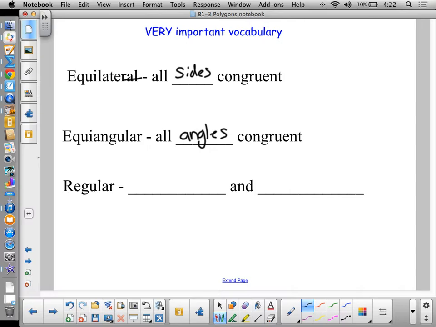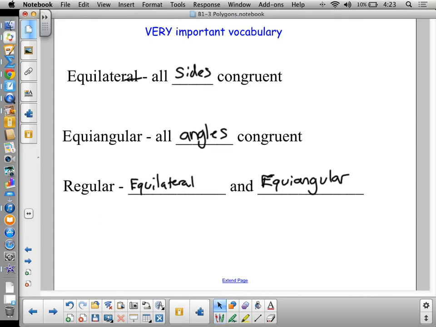And finally, regular means it is both equilateral and equiangular. If it has both properties, equilateral and equiangular, that's what we call a regular polygon. So make sure you know those 3 words.